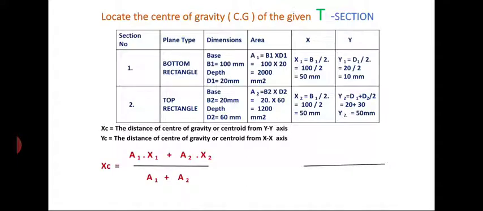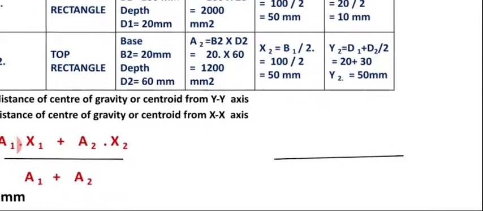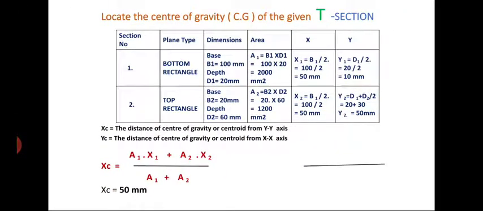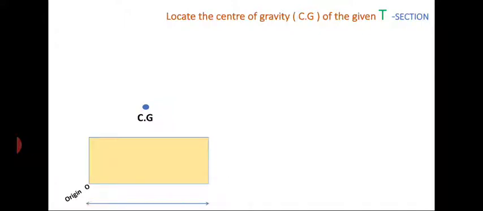Now, similar formula, xc equal to a1 x1 plus a2 x2 by a1 plus a2. The answer is xc equal to 50 mm and yc equal to a1 y1 plus a2 y2 by a1 plus a2. Answer is yc equal to 25 mm. The final location of the centroid for the inverted T section is shown.